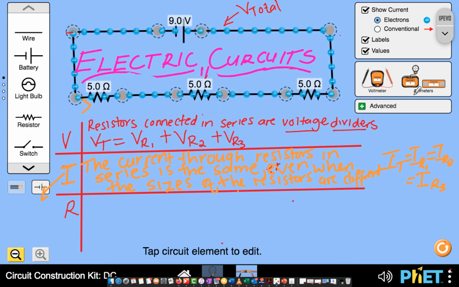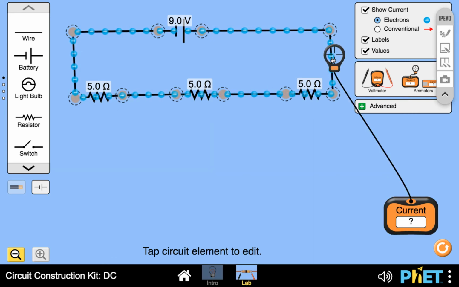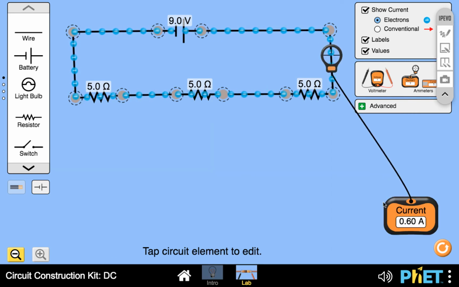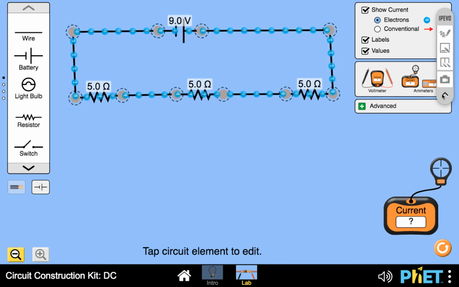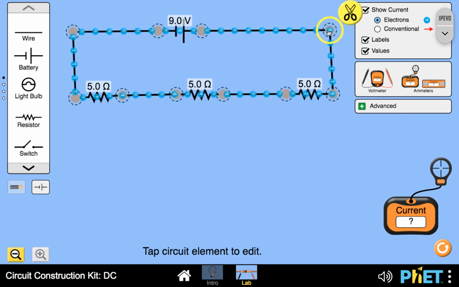Okay, so we can actually see what's happening here. When we've got these 5 ohm resistors, the 3 of them, let's see what happens to the current. The current, as we can see, is 0.6. And then let's see what happens if we add another resistor.